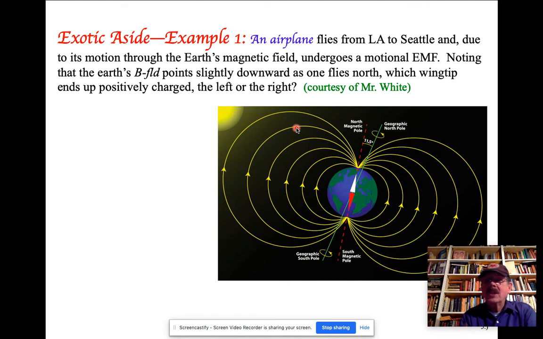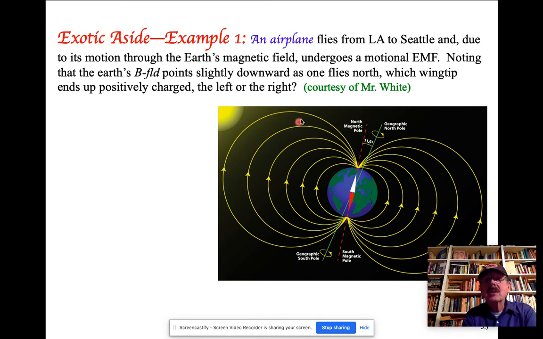So that situation with the coil going across the page, that's referred to as a motional EMF. The electric field that is motivating those charges to move is referred to as an electromotive force. Okay, so minor point, but whatever.